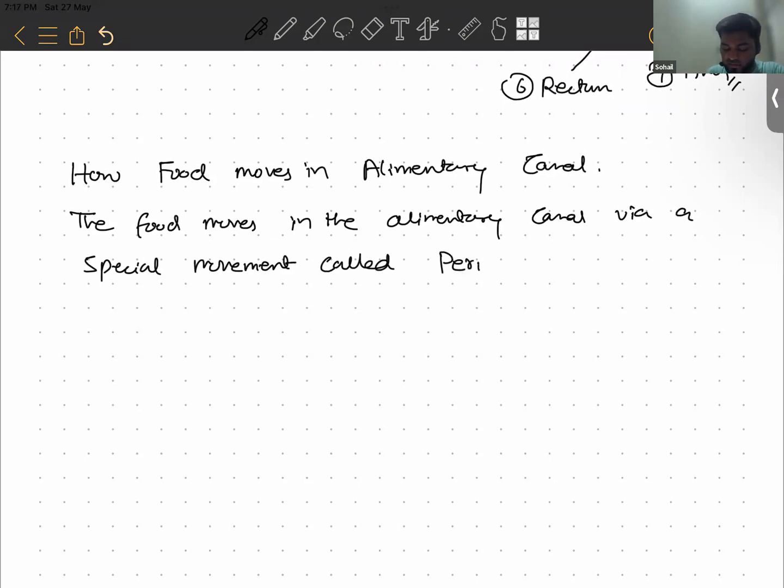Remember the name. What do we call that? Peristalsis movement. Now peristalsis is basically a wave-like motion, which is caused by the contraction and relaxation of the muscles of the alimentary canal.